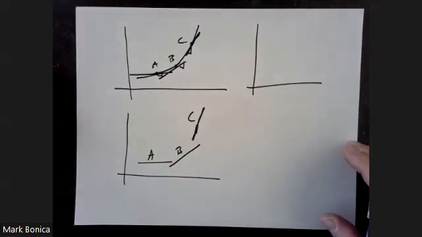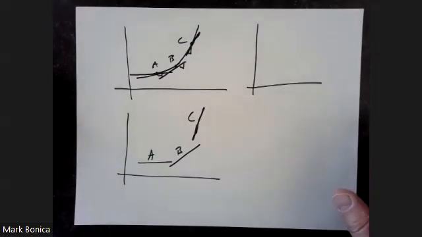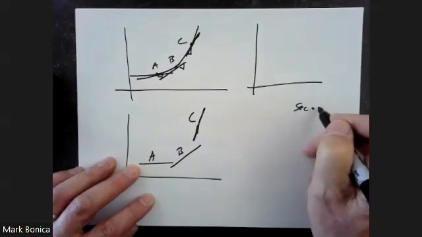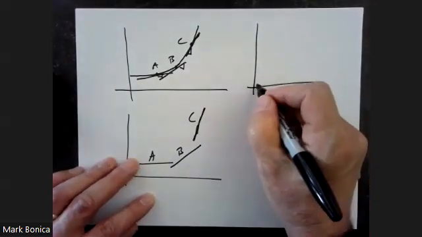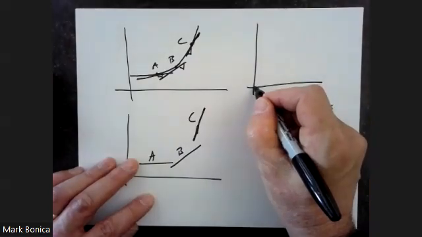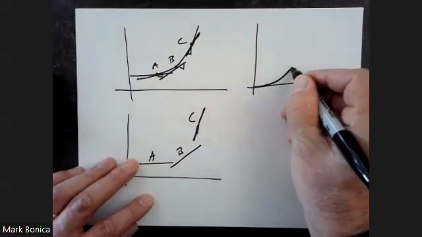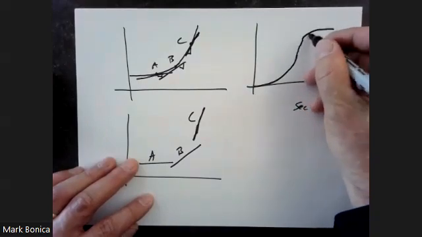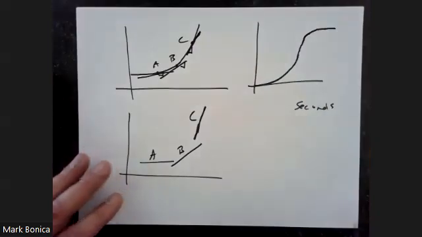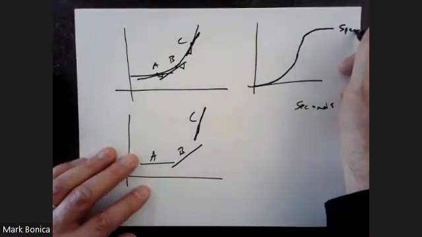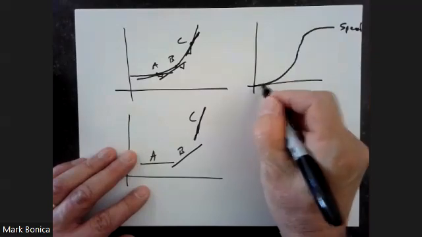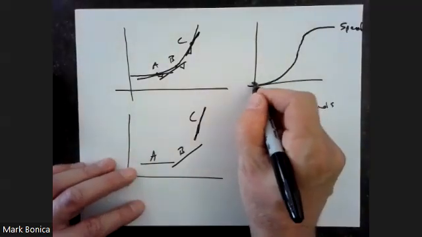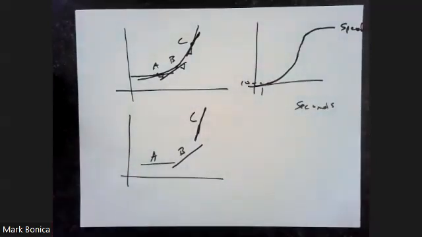But if you're sitting at a stop sign, your speed is 0, right? So at 0 seconds, so this is seconds, right? You start at 0 and then you go up really fast, and then you probably level out like this because then the cops are coming, right? So this is your speed. So at second 1, you're probably going 0 to 10.